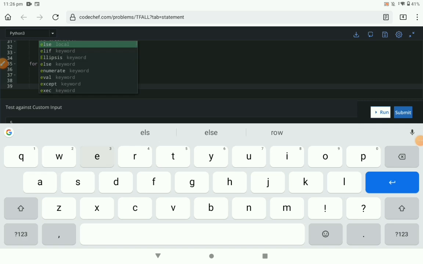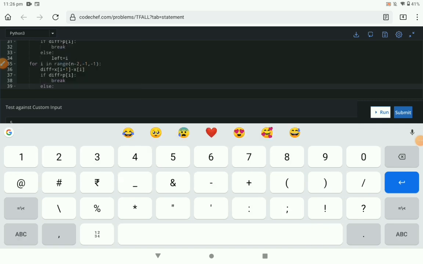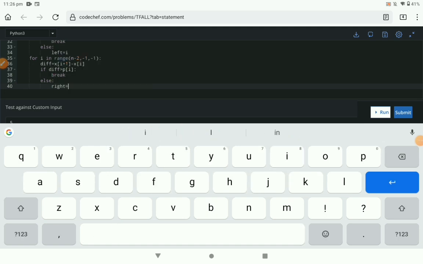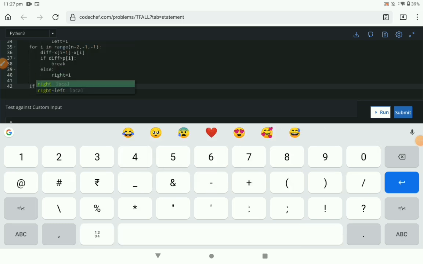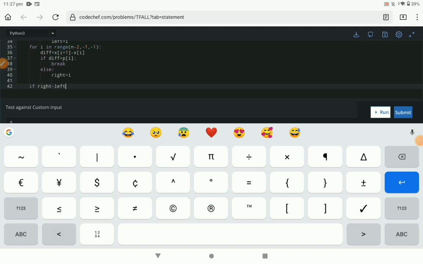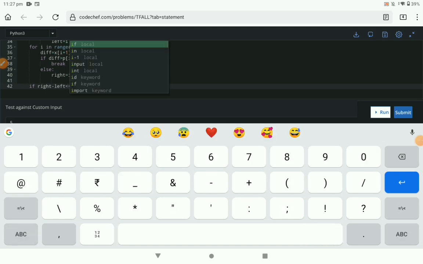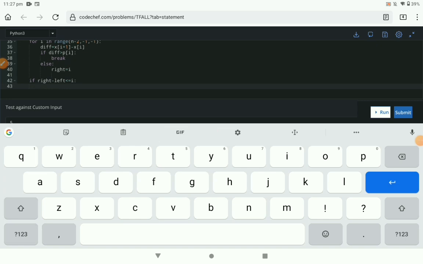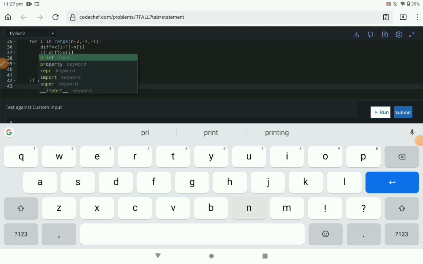Okay, no worries. So else we will give right equals to i. Now we will check the difference of right minus left. If right minus left is smaller than or equal to i, we will just print s.